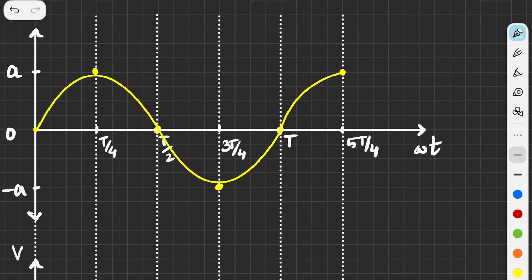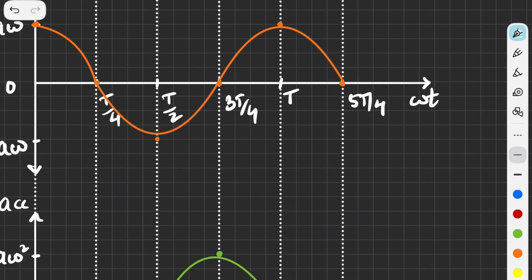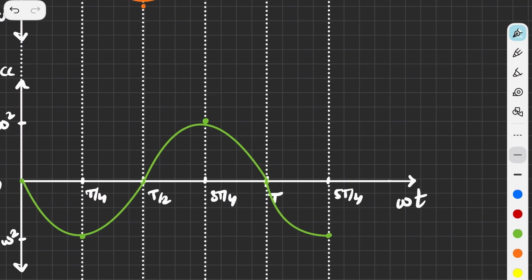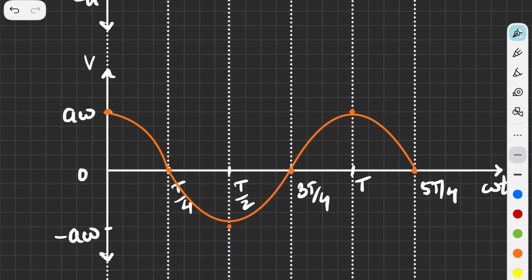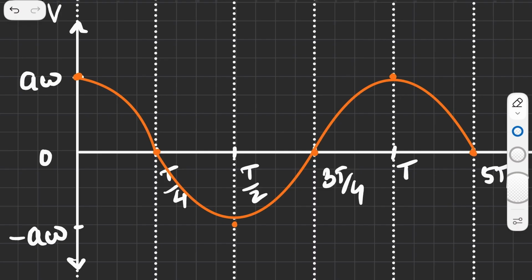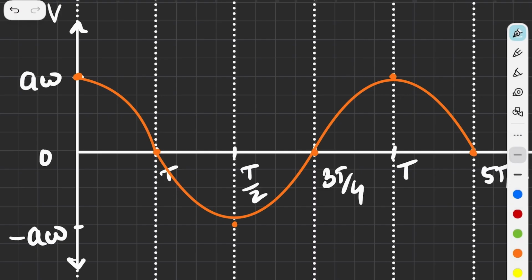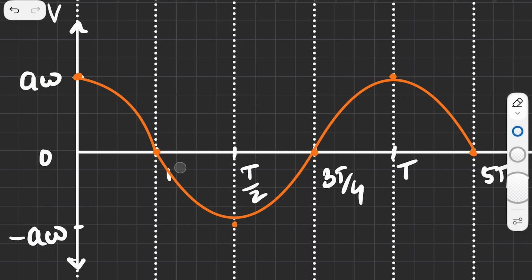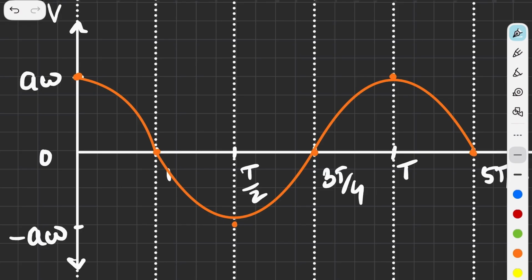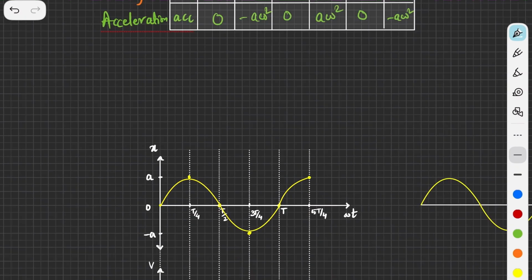So now this is omega t, this is omega t, the velocity time graph, and this is your acceleration time graph, omega t. So my coordinates will also change. Now the coordinates will become, for 0 it is 0.